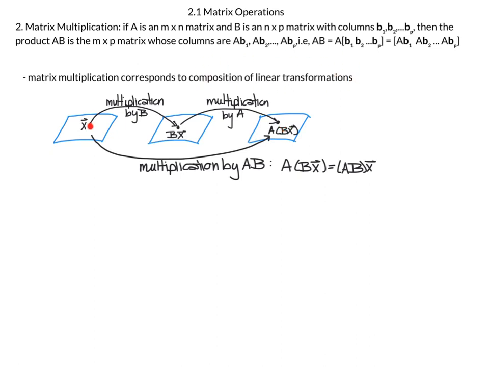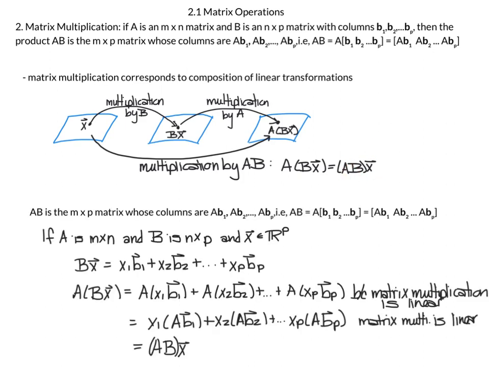So we can think of this as taking x, multiplying by the matrix AB, and then we get to the same vector, A times the vector Bx. So here we have A times the vector Bx is equal to the matrix AB times the vector x.